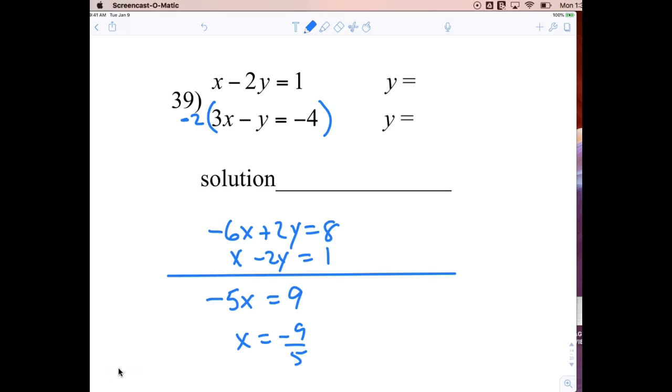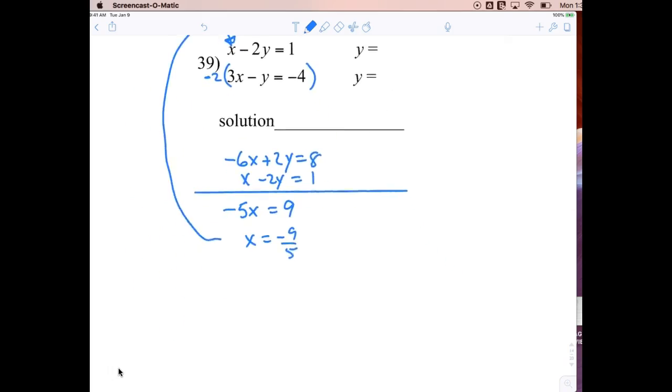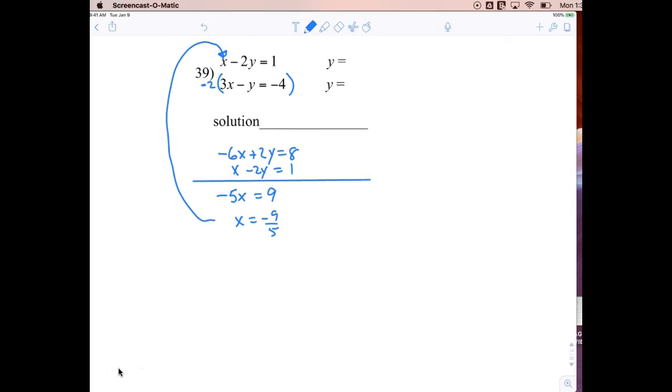All right, here we go. Now I'm plugging negative 9/5 in for x. You have to be careful again here because of the fraction. So I get negative 9/5 minus 2y equals 1. Now I add 9/5 to both sides.